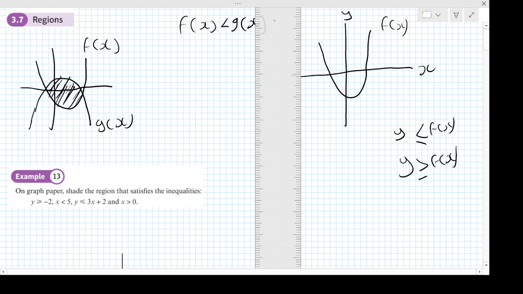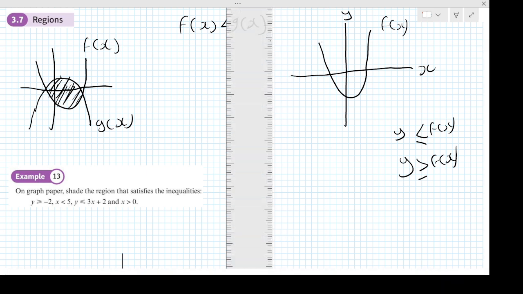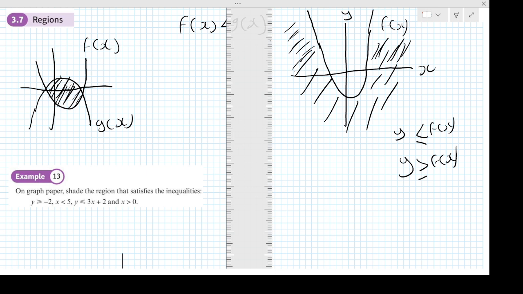So the region we're interested in is this part here, below or outside the curve, the values that would be less than the curve if we extended it. So it's below the curve.